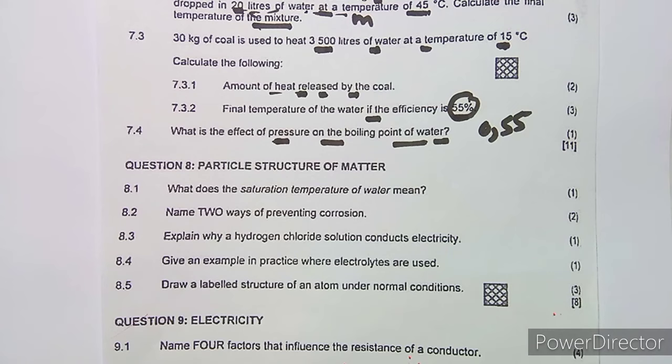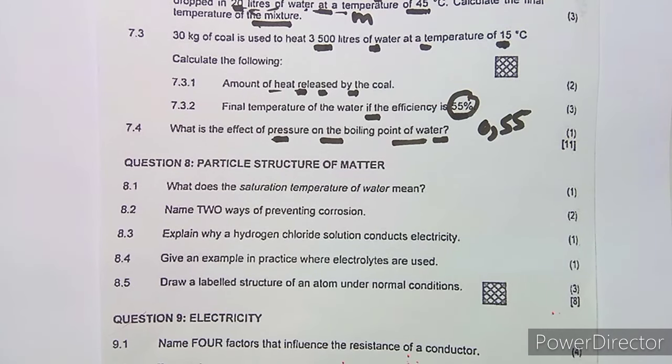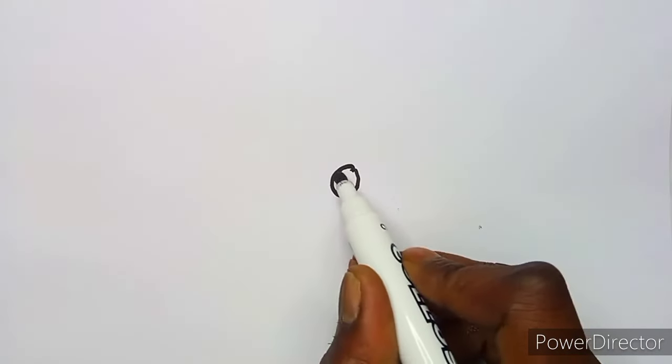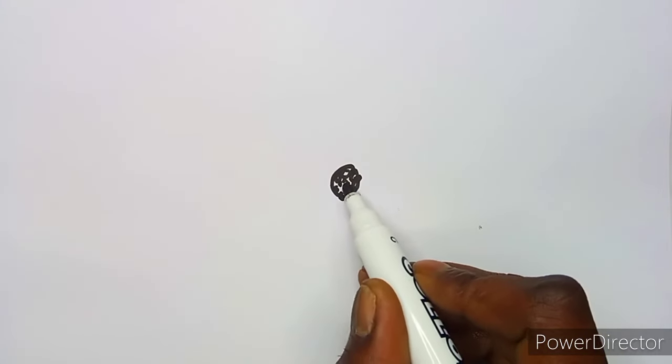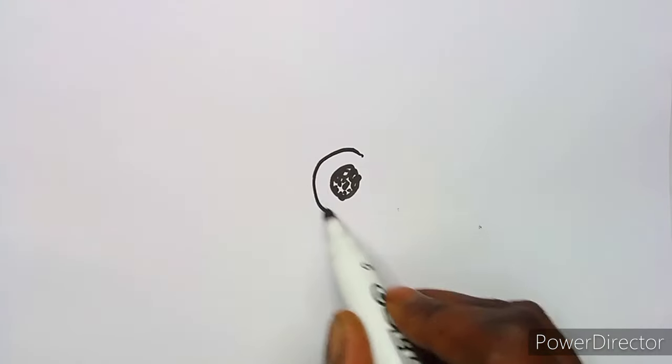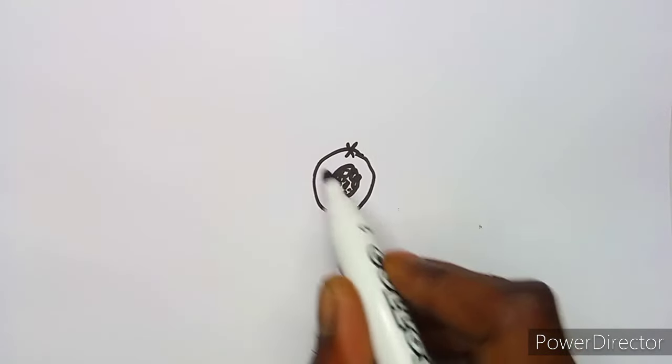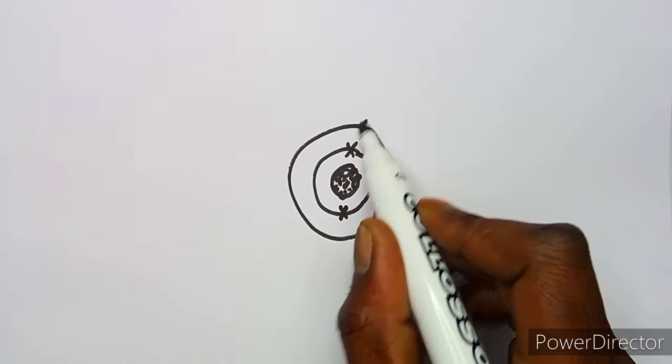Then draw the structure of an atom under normal conditions. For this one, we just need to know that we have the nucleus, which has both the protons and neutrons inside it. Neutrons are neutral charges, that is, there's no charge. Let me just write neutral charge. Then we move on to the electrons and so forth.